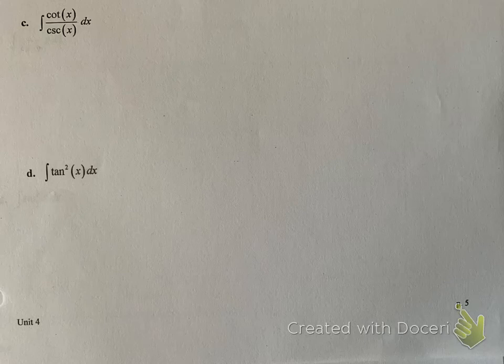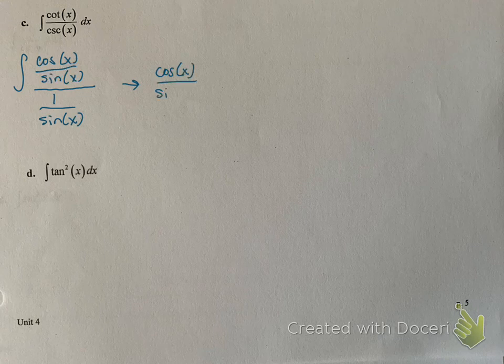Let's look at C together. Okay, I do not have a rule that looks like this, so my advice to you is write this out in terms of sines and cosines, right? So cotangent is actually equal to cosine x over sine x. And cosecant is 1 over sine x. So if I rewrite this, I get cosine x over sine x times sine x over 1 when I turn this into multiplication.